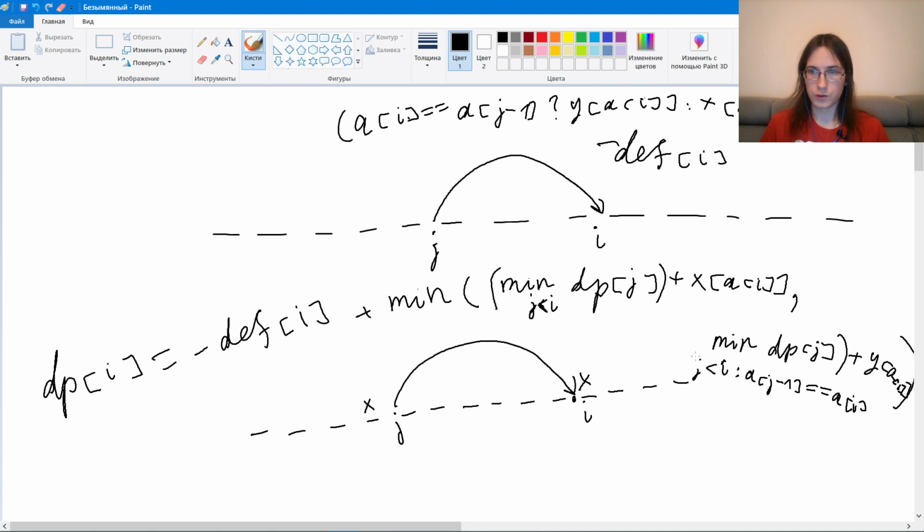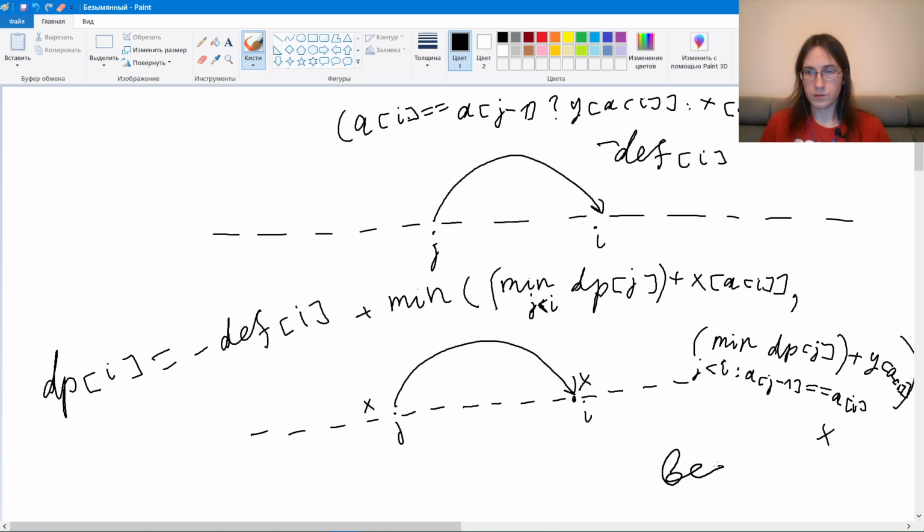Let's also put it into brackets. So to calculate this, we just need to know the best dp of j for all j's where a j minus 1 is equal to some value. So let's just keep it for every possible value. For every possible value of a i, let's keep the best dp j that already occurred such that a j minus 1 is equal to a i, or is equal to just some x.